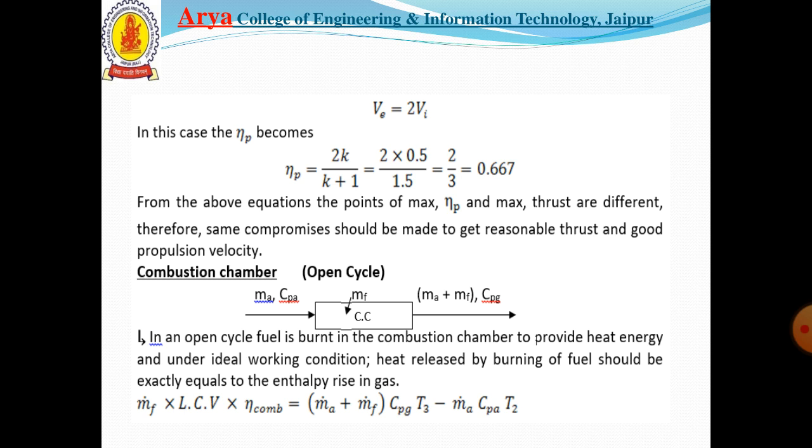In an open cycle, fuel is burned in the combustion chamber to provide heat energy, and under ideal working conditions the heat released by burning of the fuel should be exactly equal to the enthalpy rise in the gas, that is m dot f into LCV into eta combined equal to (m dot a plus m dot f) into cpg into T3 minus m dot a cpa into T2.